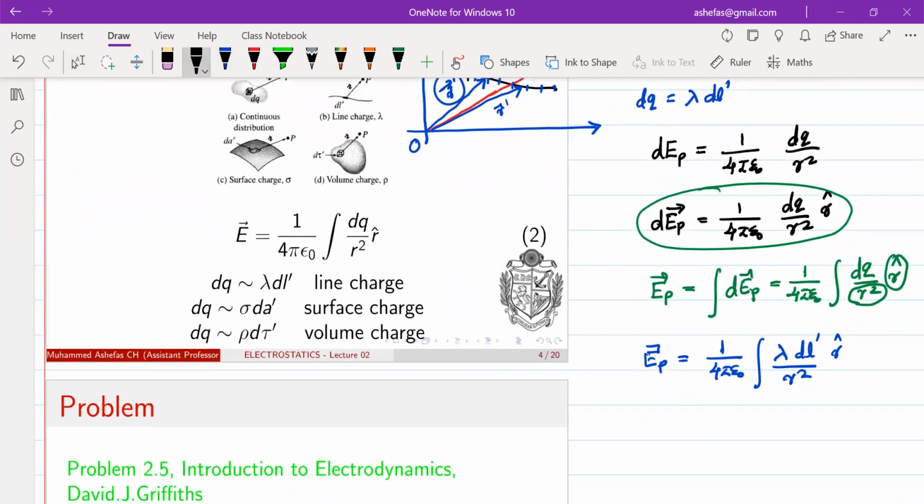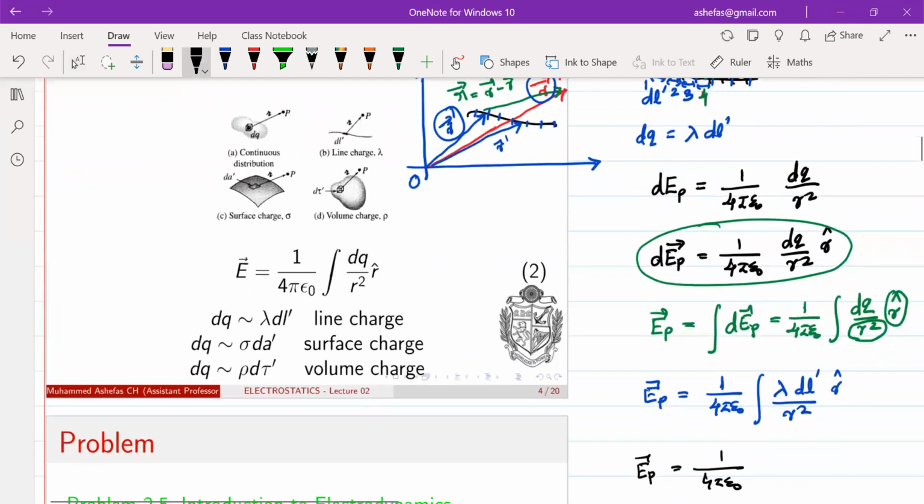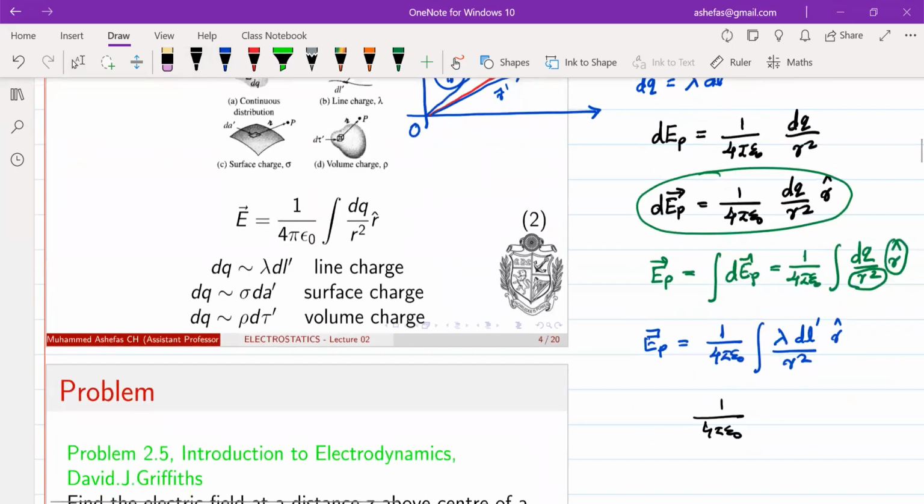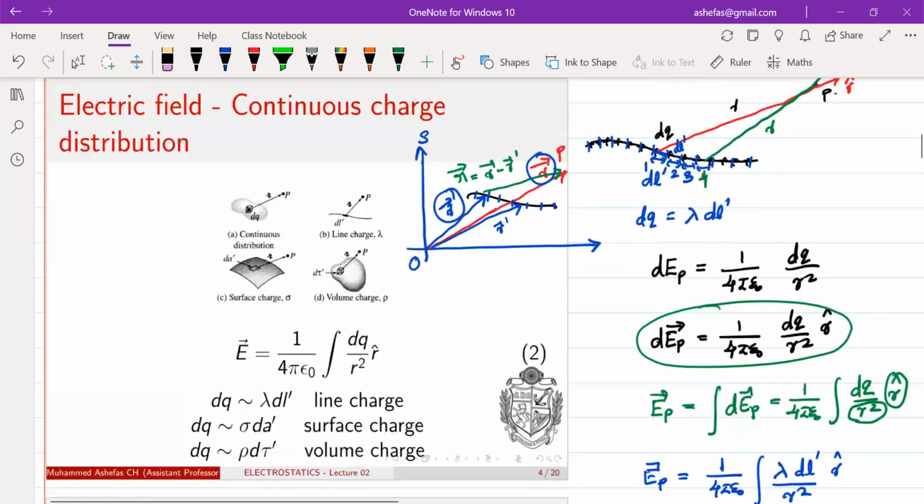I will rewrite. The electric field at point P, I can write as 1 by 4 pi epsilon 0. Actually, better we write dE_P first, then you can understand what is happening.